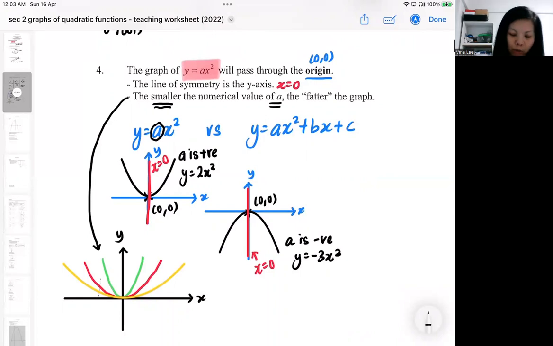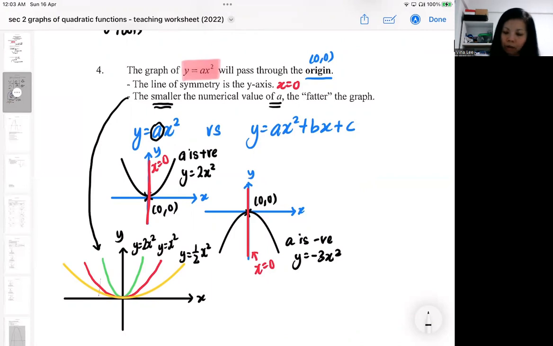So let's say I'm going to call this the fattest. Maybe this one is 2x squared, a is 2. Then maybe this one is 1x squared, and this one is half x squared.